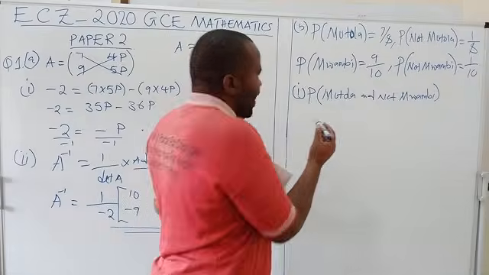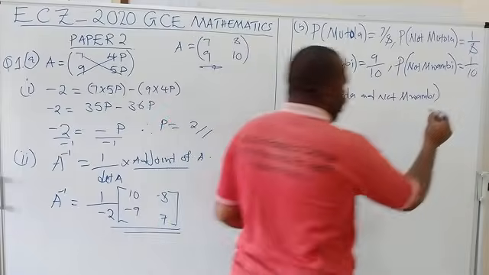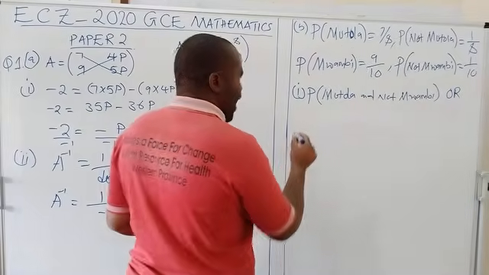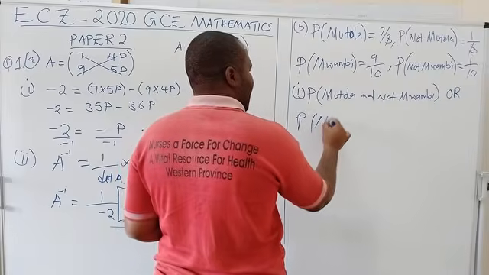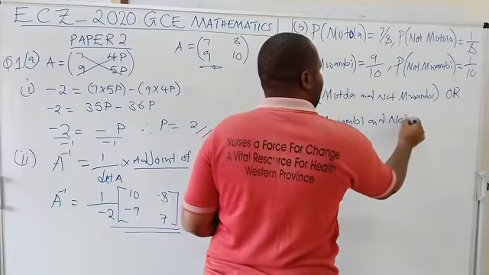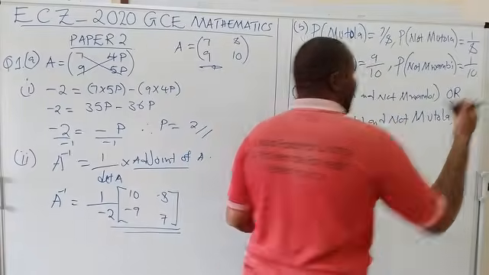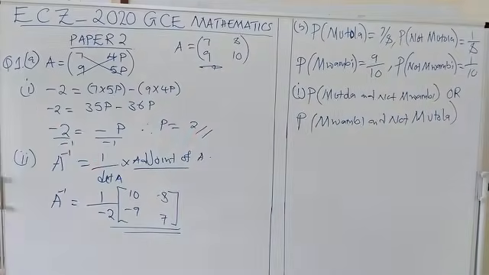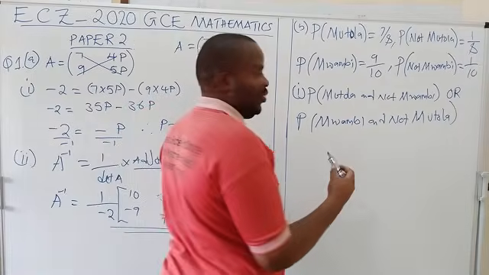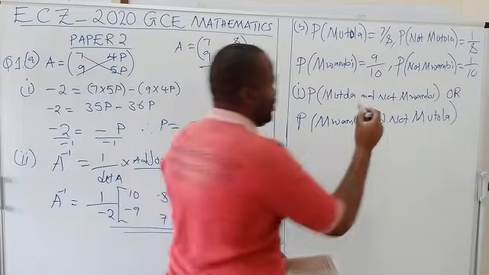Or we select Mwambi and not Mutola. These are the available options. Is it okay? Okay, so we are saying these are the available options. We select Mutola and not Mwambi, or you select Mwambi and not Mutola.